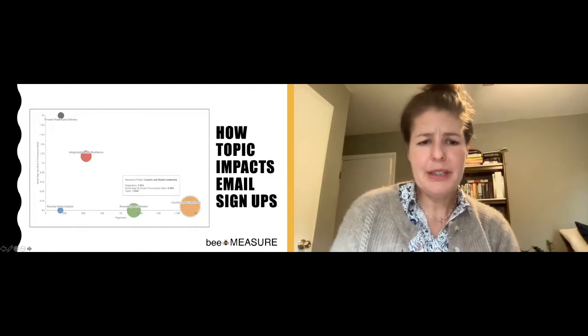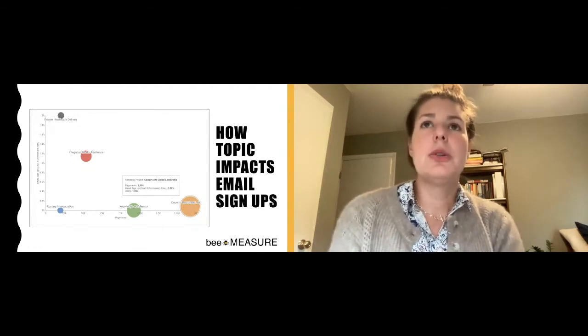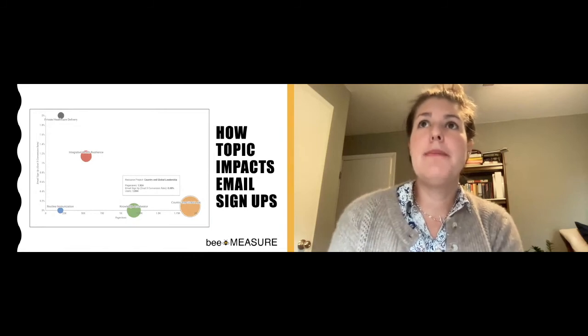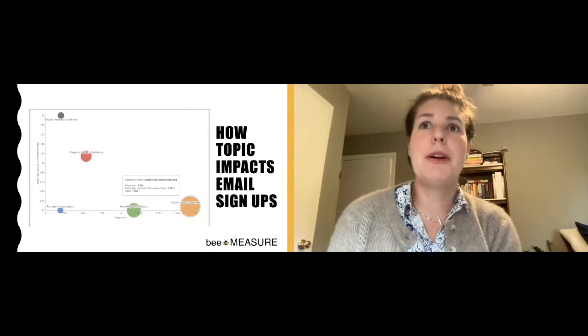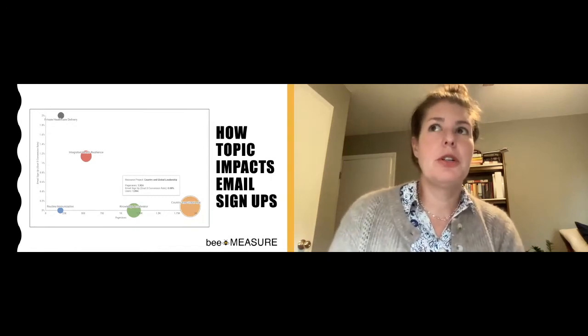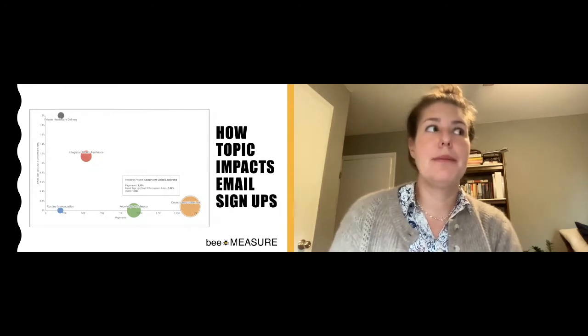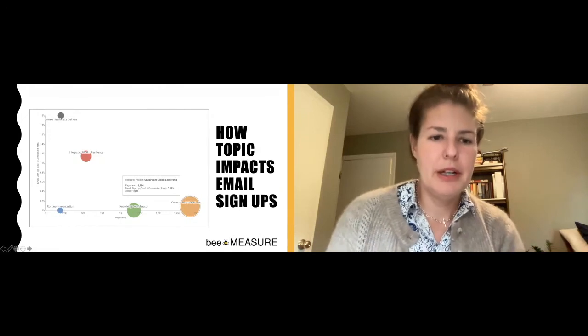So if this is one of your goals for your site, we're really trying to increase our email list so we can reach more people, or we're trying to get people to sign up for webinars or for a particular program, you can see if particular topics are more likely to get people to sign up or not, just for example.